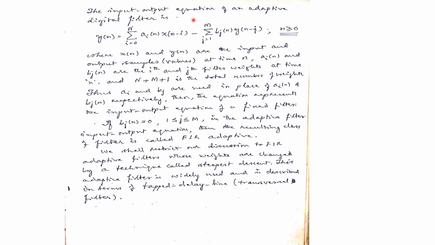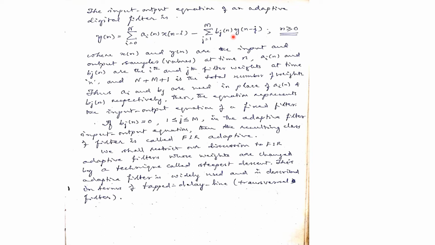But this equation can be converted into a difference equation of an FIR filter, which is basically a filter whose output is a function of present and previous input values, which means that the second term in this equation needs to be 0.